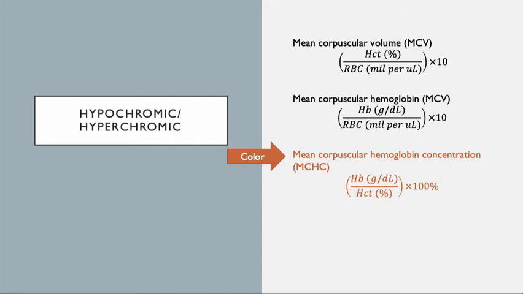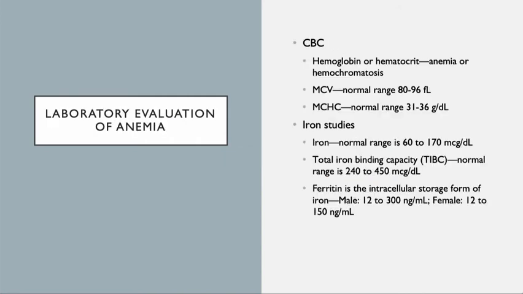So when we're talking about the color of the red blood cells, the MCHC tells us whether this is a hypochromic, if the MCHC is low, or hyperchromic, if the MCHC is high, kind of anemia. So the CBC gives us a lot of information, and we have to pick it apart to find out the information that we need for evaluating anemias.